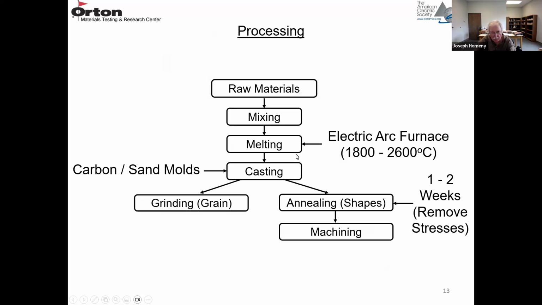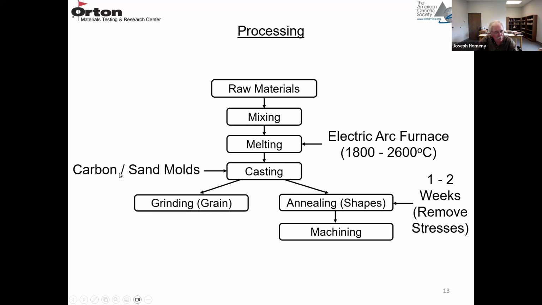So all of the fused cast materials are relatively high temperature. You're starting out with relatively pure raw materials. So you start out with the raw materials, the powders, they're mixed, and then they're melted in an electric arc furnace, and depending on their melting temperatures between 1800 and 2600 degrees C, they're cast into large ingots, and they're utilizing carbon as the primary mold material, or even sand molds, maybe for lower temperatures.